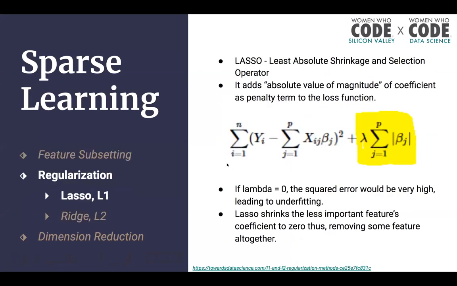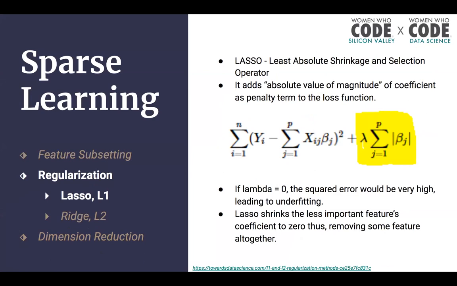In regularization, we have 3 types. The third one is basically a combination of the other 2. The first one we're going to see is called Lasso, or L1 regularization. Lasso is least absolute shrinkage and selection operator. Basically it adds the magnitude of the absolute value of the coefficient as a penalty term to the loss function.